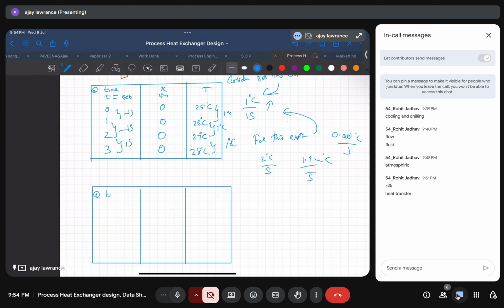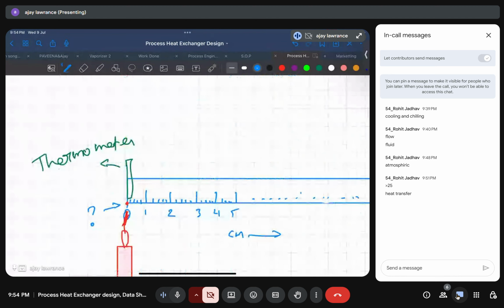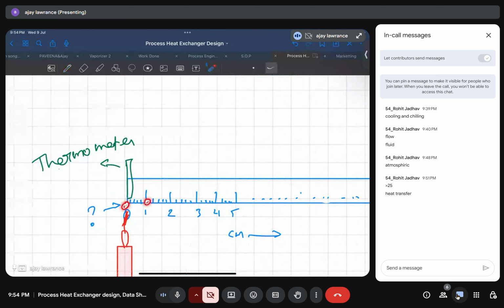At time t equal to 0, 1, 2, 3 seconds, at x centimeter, temperature. Same thing, but here instead of concentrating on this point, we are concentrating on another point.